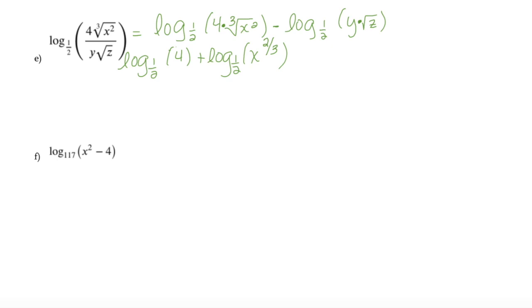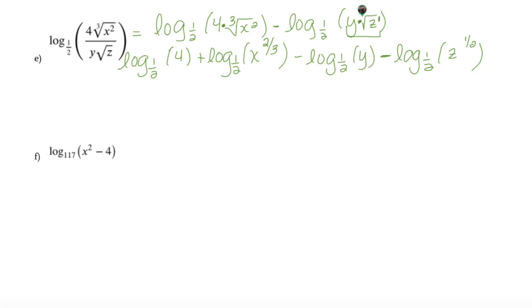So I'm going to subtract these pieces being added together. Not only am I going to subtract log base half of y, but when I distribute the negative, I'm also going to need to subtract log base half of z to the 1/2 power. So inside is the power of 1.